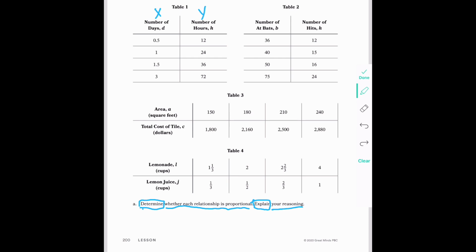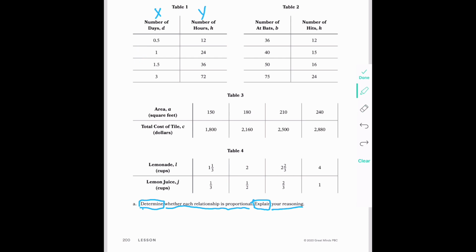So from a half a day to a whole day, that would be plus a half. From a whole day to 1.5 days, another plus half. From 1.5 days to 3 days, they actually skipped a couple numbers, right? So we can see that there was a pattern at first, but we can't use this method to check it since they skipped numbers. So now we have to try something else.